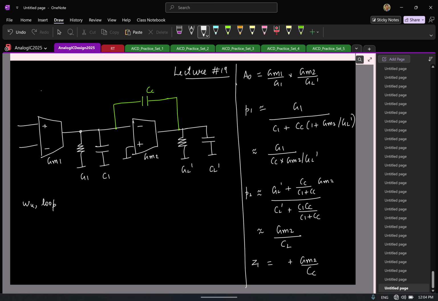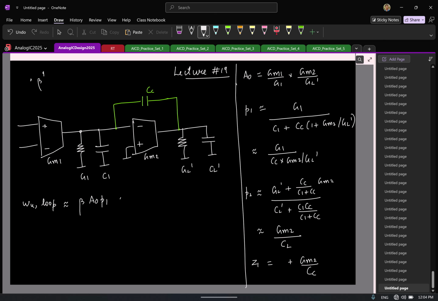If you assume that this is put in a negative feedback with a feedback factor of beta, how can you approximate the unity loop gain frequency? It's basically first order. You can approximate that if this is well compensated, till unity loop gain frequency, it's going to behave like a first order system. For a first order system, we know this is the feedback factor times the DC gain times the pole.